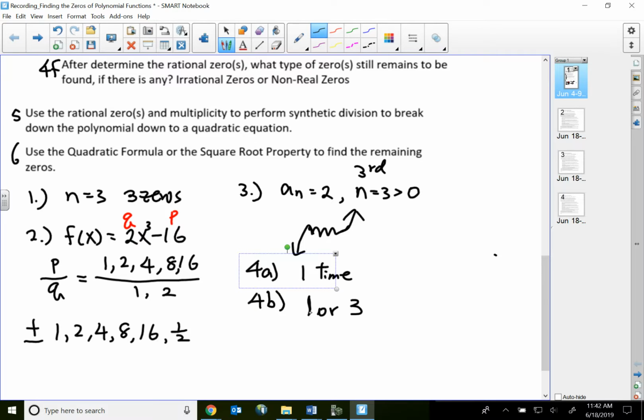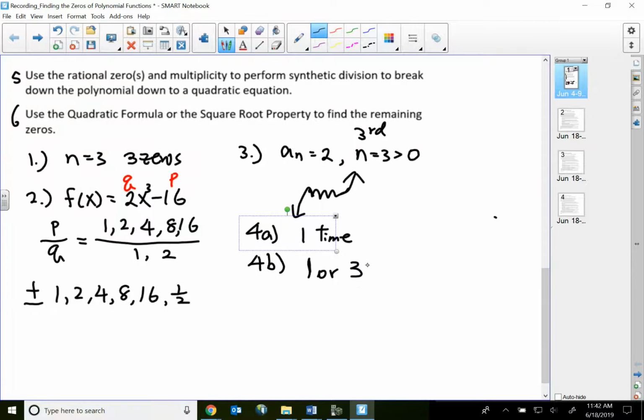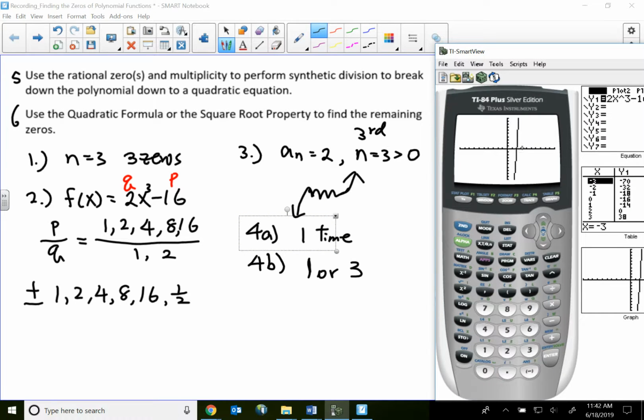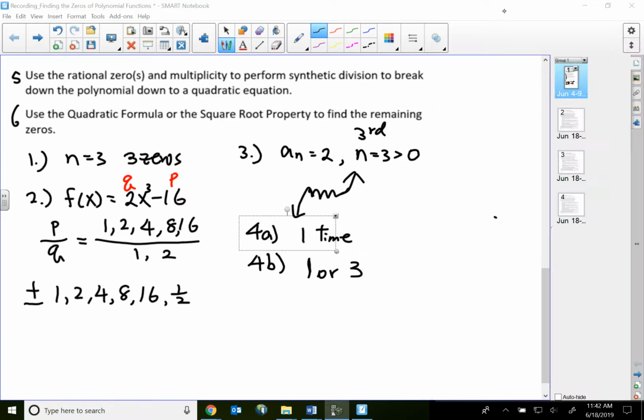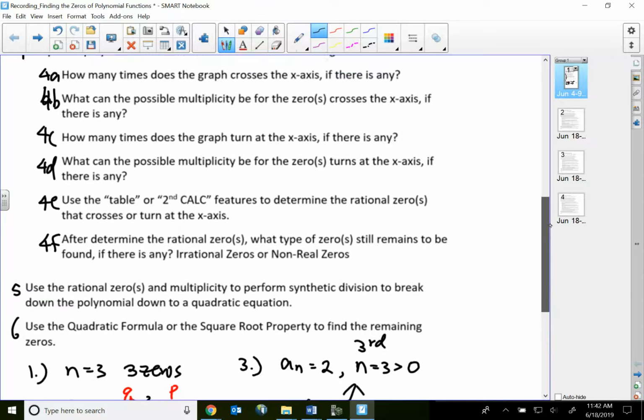Because, as from the previous video, you notice that I can actually have 1 zero with a multiplicity of 3, and then we construct a polynomial function from that. Multiplicity 3 simply means that's the only zero I have. Multiplicity 1 means, since I only see it cross over one time, the other 2 zeros will have to be the non-real zeros, because those are the ones I do not see cross over the x-axis.